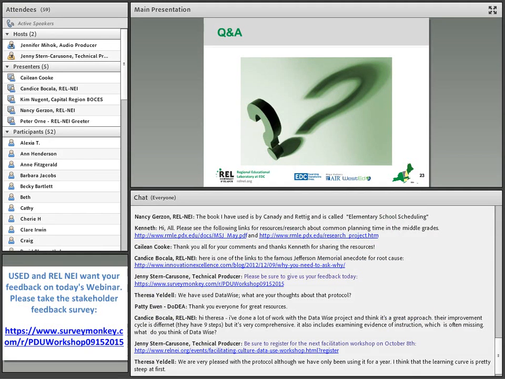Sure. So Teresa had mentioned that she's using DataWise, which is a resource that was published back in, I think, 2008, from the folks over at Harvard Graduate School of Education. I've used it quite extensively and done a lot of work with that group. What I like about DataWise that is, I think, unique is they include explicitly a step about examining evidence of instruction.